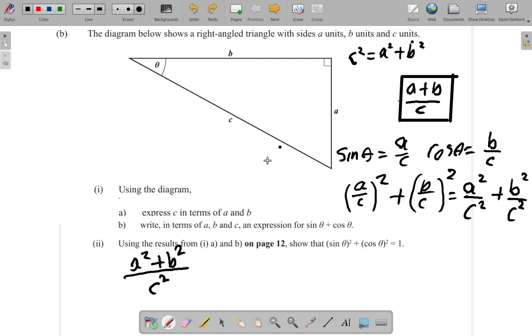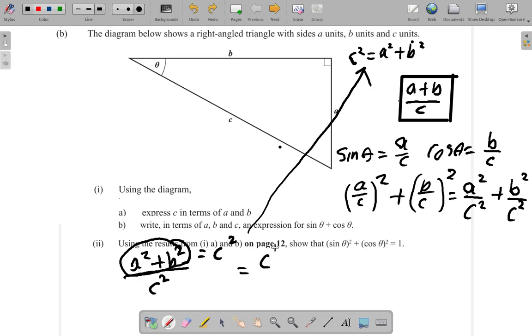So basically, it is saying that all of this up here is C squared. You can see it from this. A squared plus B squared is C squared.